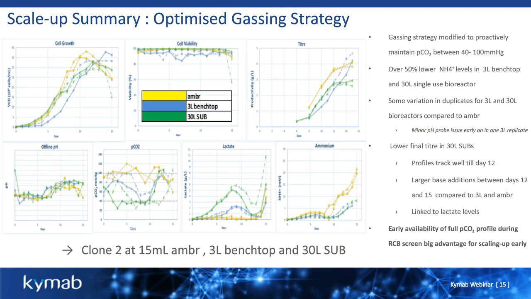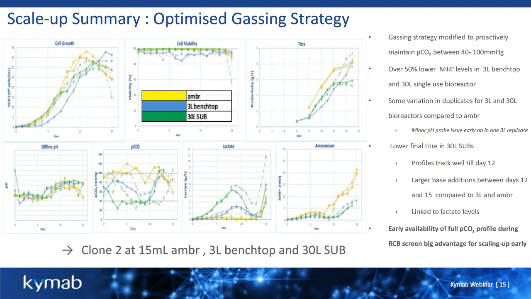Now the profiles for titers tracked really well till day 12, but after that we had really large amounts of base being added to the 30-liter bioreactors compared to the ambr and 3-liter bioreactors. Now this was linked to lactate levels and the pH control of the bioreactor system.